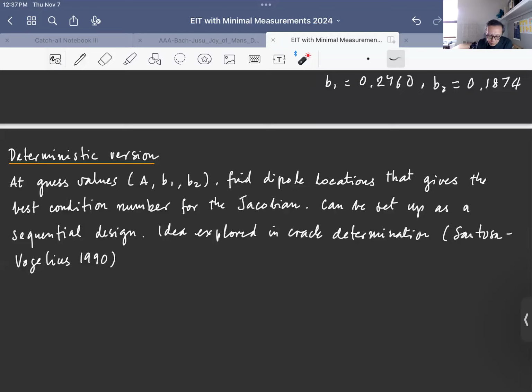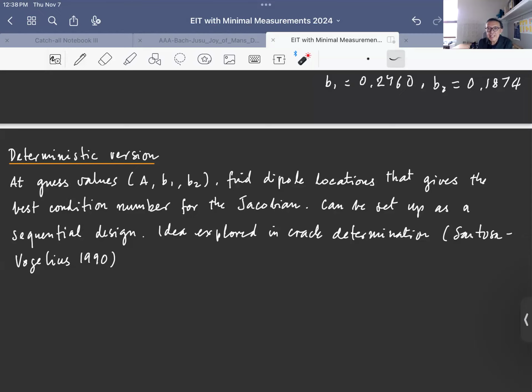This idea was already explored in my work with Michael back in the 1990s when we were trying to do the crack determination problem. We actually set up electrodes at a finite number of places on the boundary of the object we're probing, and we iteratively estimate the location and then choose the next set of experiments in which to measure to get a better estimate.